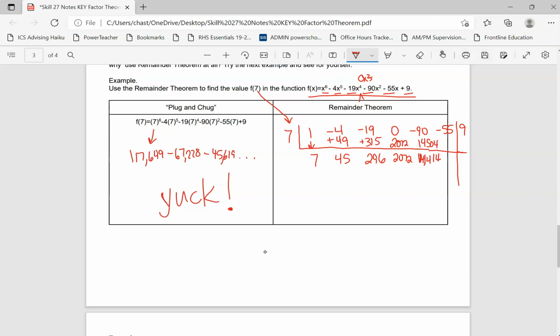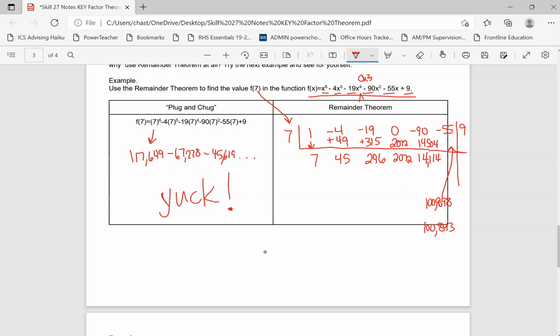I'm just using my calculator at this point. Okay, this number is 100,898. Subtract 55 from that, we're going to get 100,843.